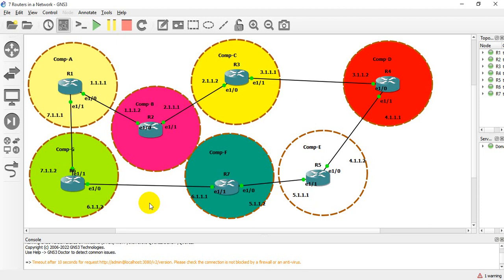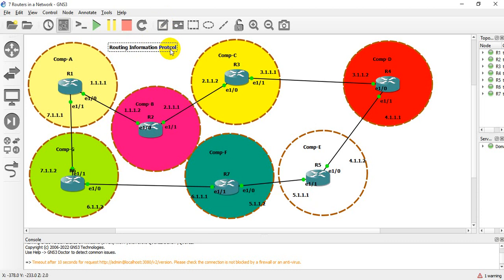So I think we should run here Routing Information Protocol, which is an IGP, interior gateway protocol. So how does Routing Information Protocol work? In Routing Information Protocol you don't choose the best path.